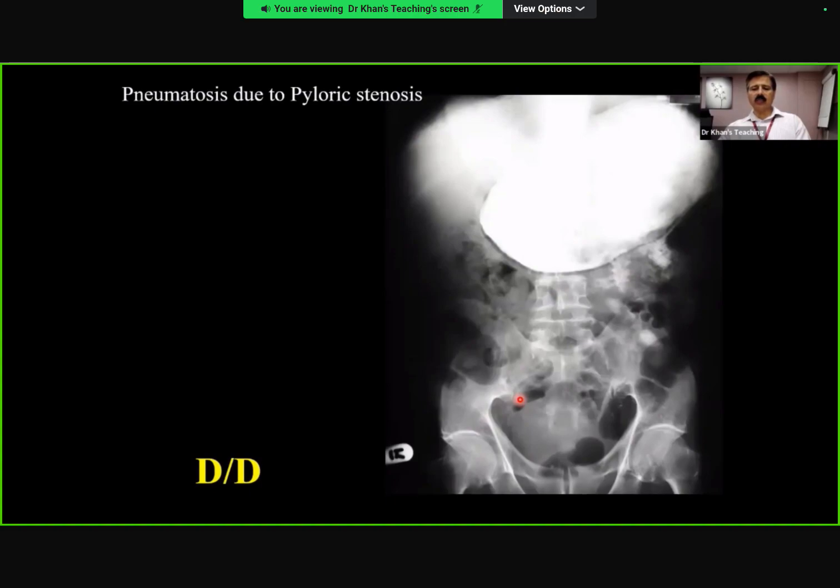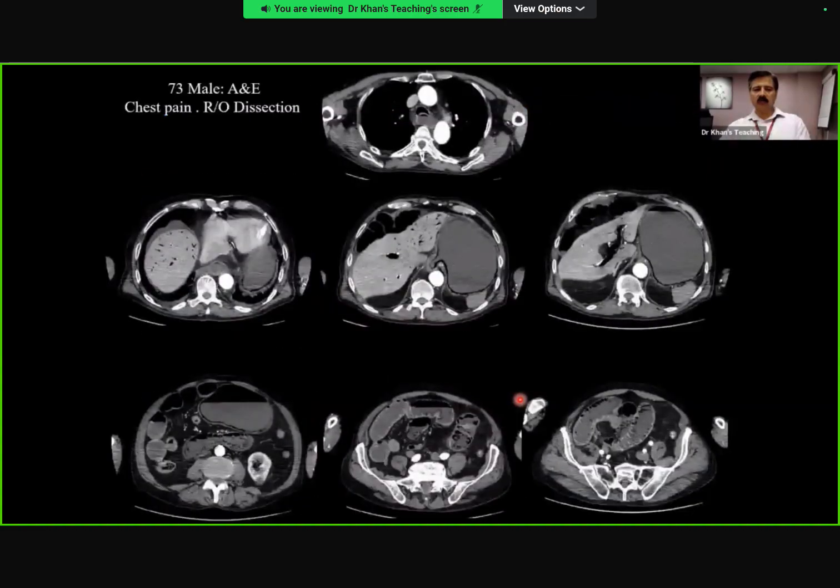When air goes inside, it will go into the wall. So secondary to any kind of obstruction, you can get a bit of pneumatosis. So this is a case of pyloric stenosis, which has presented like this. This is a slam dunk case.